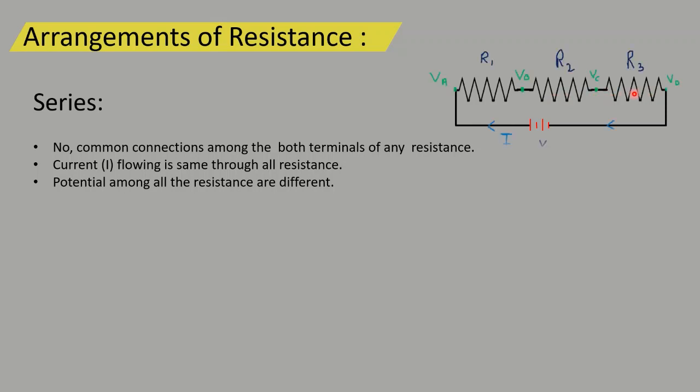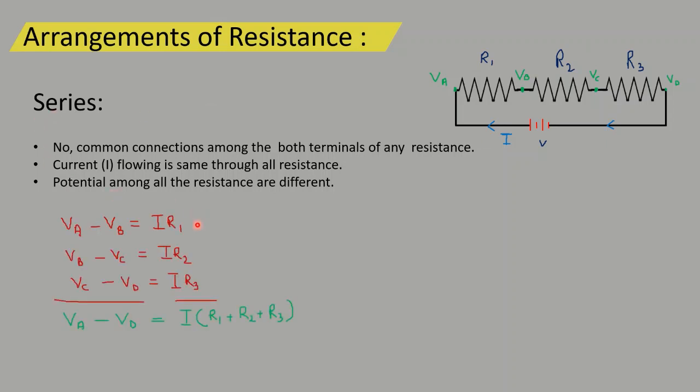Now as you can see here, all the markings have been done. I have marked this point as point A, and hence the potential as VA, then VB at this point, this is VC and VD, resistances as R1, R2, R3, and this blue one is the current I flowing with potential V. Now this has been obtained with the help of Ohm's law only, and thus we obtain the potential VA minus VB as the potential drop across the resistance R1.